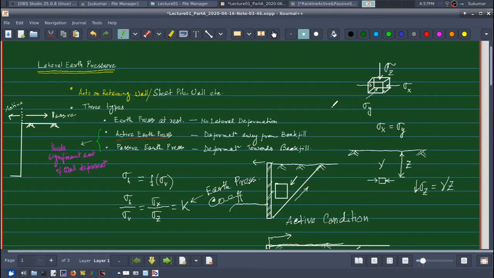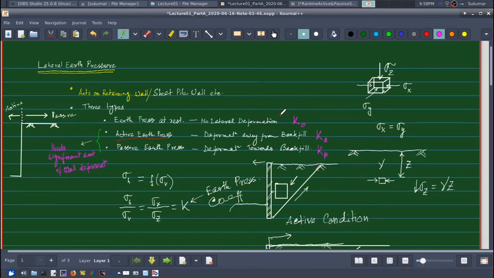So I will have earth pressure coefficient at rest, I will have active earth pressure coefficient, and I will have passive earth pressure coefficient, and they are respectively denoted by K naught for earth pressure coefficient at rest, then Ka for earth pressure coefficient under the active condition, and Kp for the coefficient of earth pressure under passive condition.